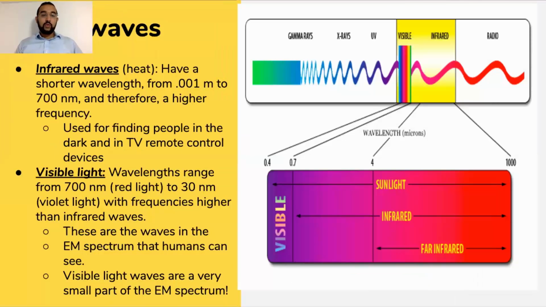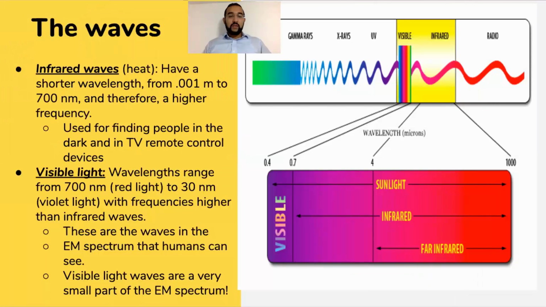Now we move on to infrared waves. They have a shorter wavelength and therefore a higher frequency. Our visible light that allows us to see has a wavelength range of 700 nm red light to 400 nm violet light, with a frequency higher than infrared waves. These are the waves in the EM spectrum that humans can see.